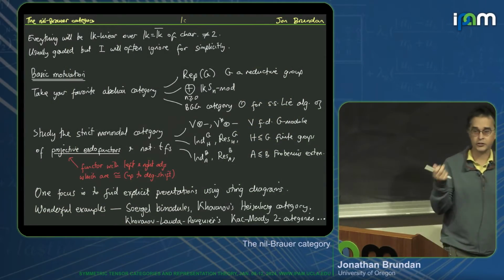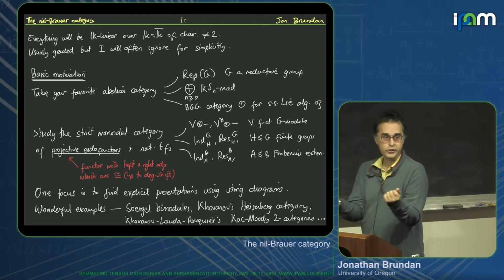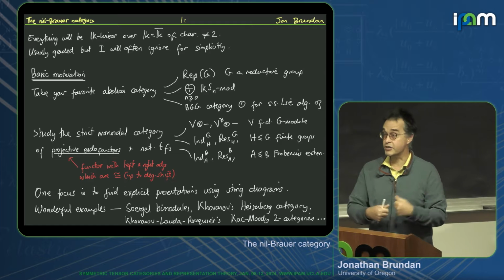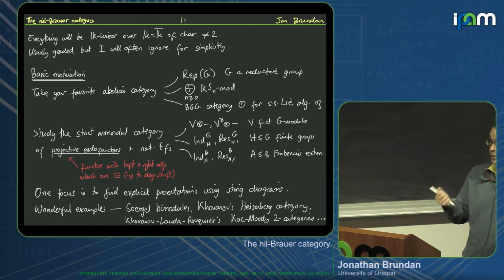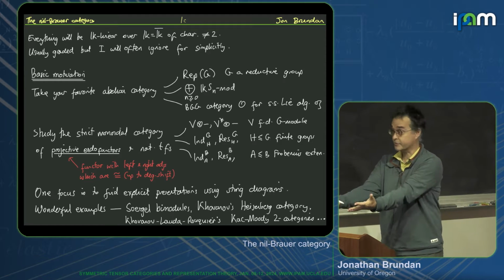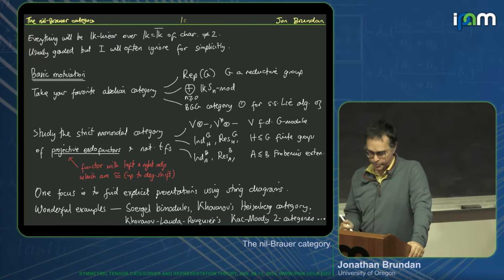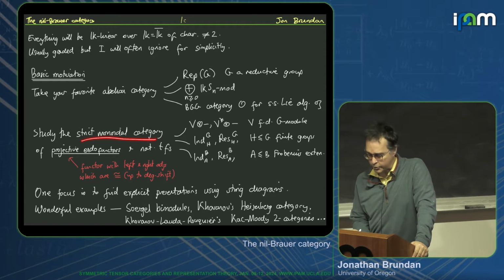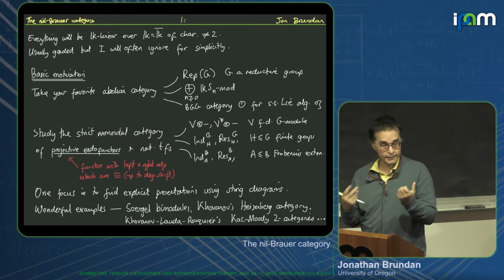So these are the sort of functors that you have to understand to build the combinatorial tools to understand your original abelian category. If you actually want to get your hands dirty and really understand the examples of those categories, you have to deal with this issue. And I think a nice conceptual point of view is to actually focus on the strict monoidal category consisting of those projective endofunctors and natural transformations between them.